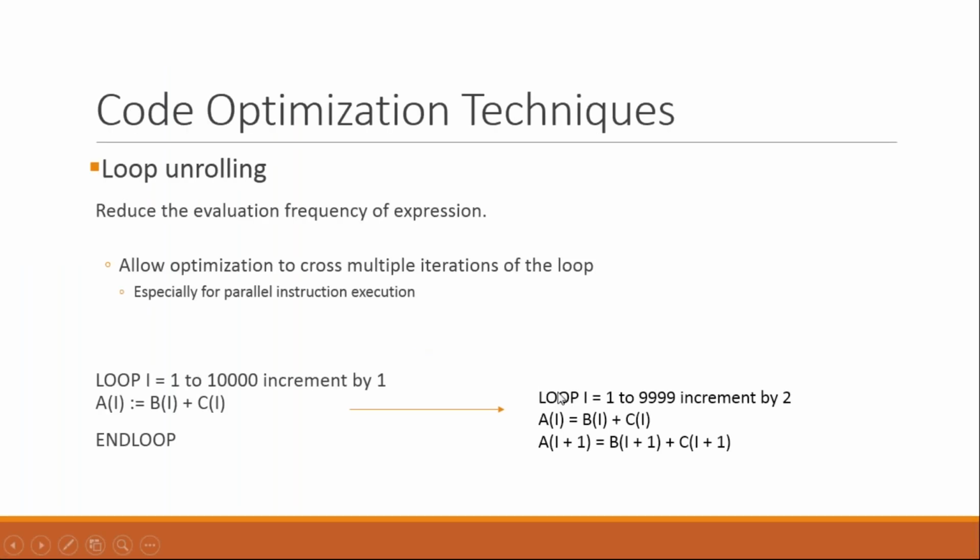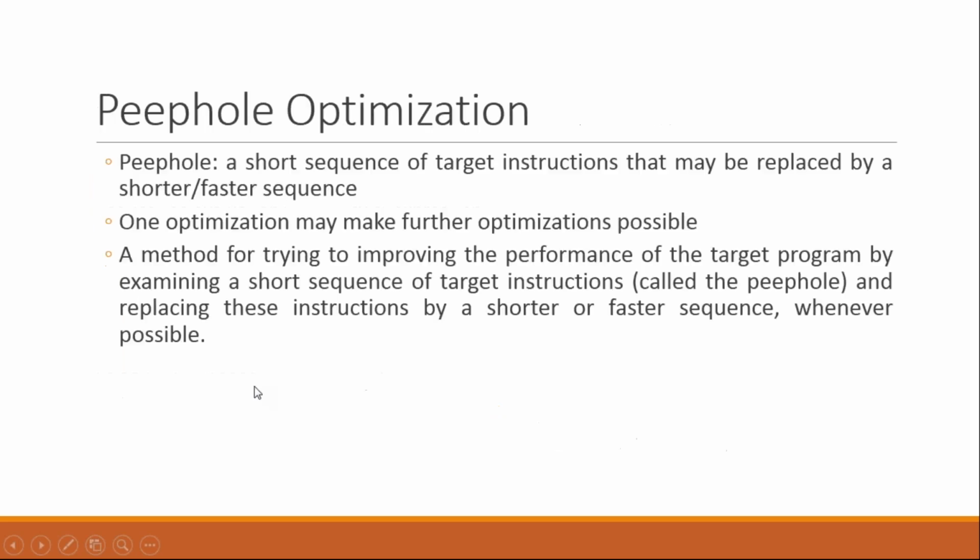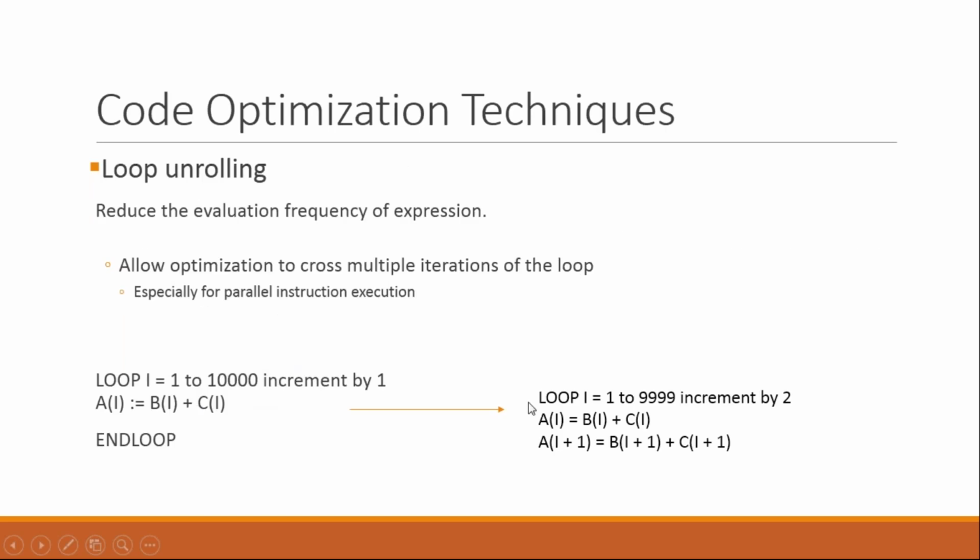So my for loop will only run 5,000 times. Over here, my for loop runs 10,000 times. But if I'm using the loop unrolling method, then my for loop will run only 5,000 times. Okay, not more than that.